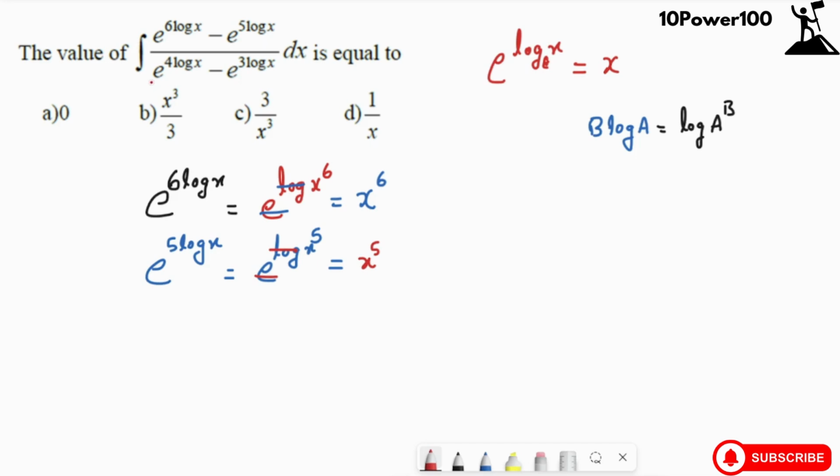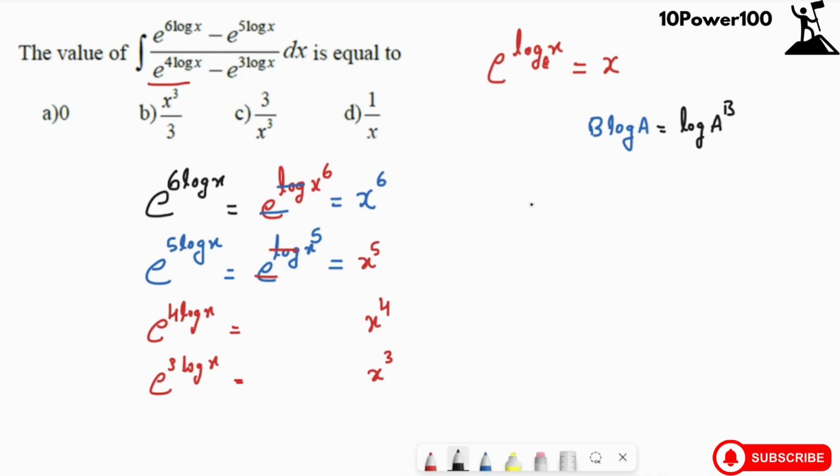Similarly e power 4 log x becomes x power 4, and e power 3 log x becomes x power 3. Okay, now it is solved fully.